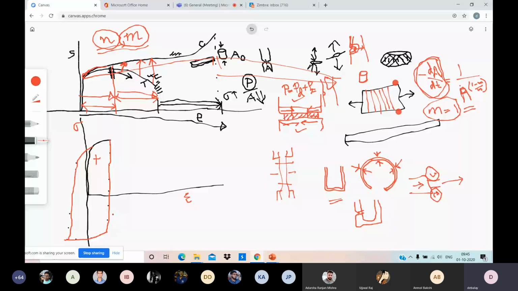What happens? The yield strength that I get in tension, if I write it as sigma 0 T, when I do reverse loading, I get yield strength in the opposite direction, sigma 0 C. In general, if you uniaxially load them, either tension or compression, these yield strength values remain the same.